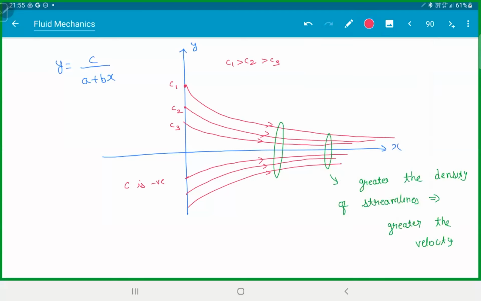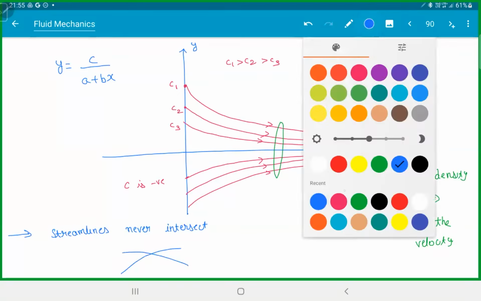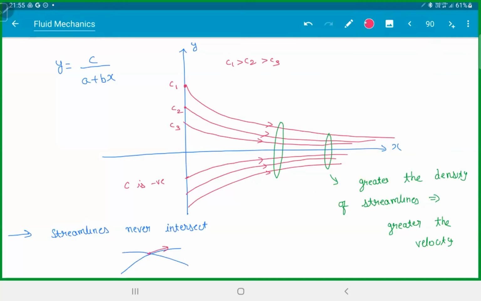And if you observe one thing, the streamlines never intersect. Because at the point of intersection, there'll be two directions. So if you have a streamline like this and this, at this point, this is also a tangent. At this point, this is also a tangent.